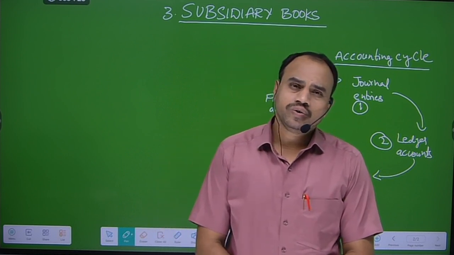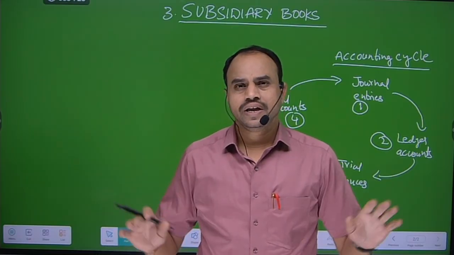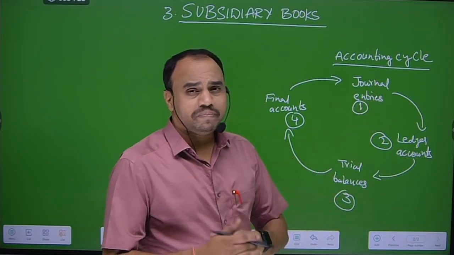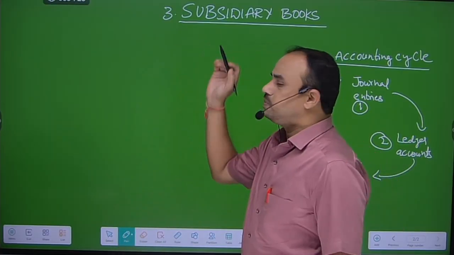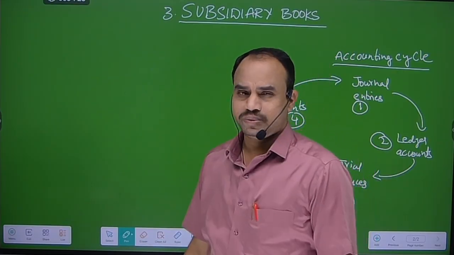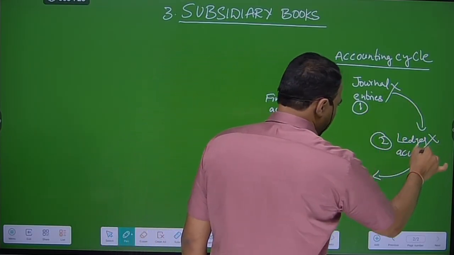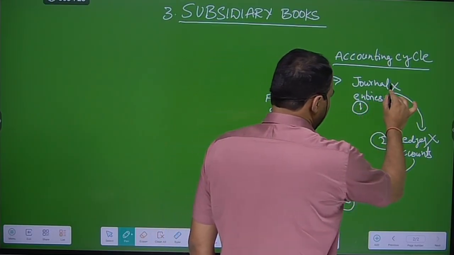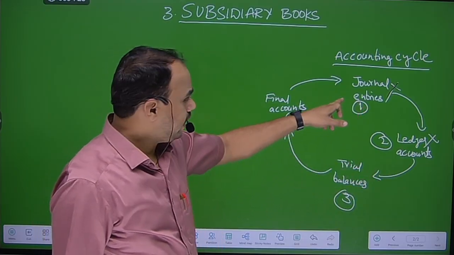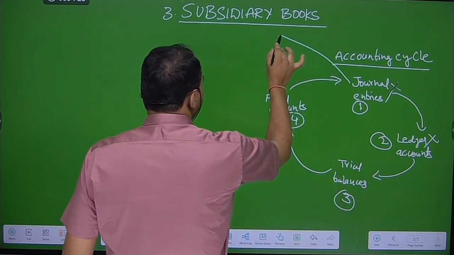So what will they do? Big organizations like Reliance and Amazon do not prepare journal entries. Instead of journal entries, they prepare separate books, called subsidiary books. Large organizations do not prepare journal entries; instead, they prepare subsidiary books.